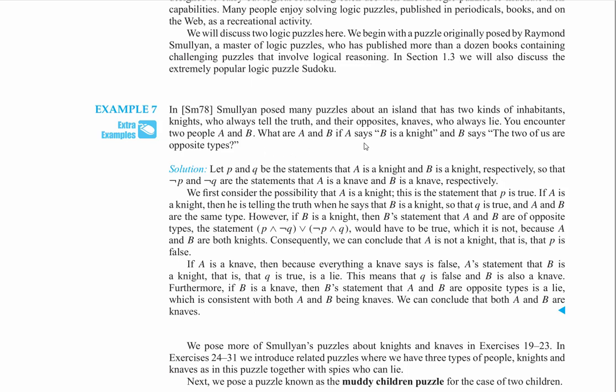In this example, you meet a different A and B. A says B is a knight, and B says the 2 of us are opposite types. Can you work out who is a knight and who is a knave?